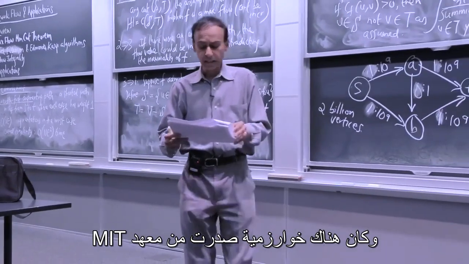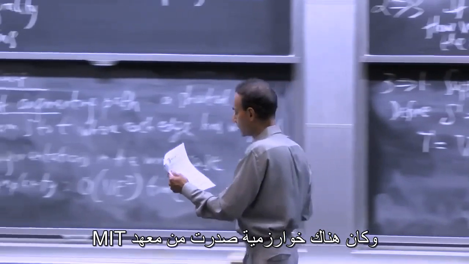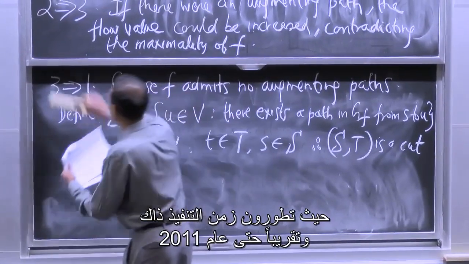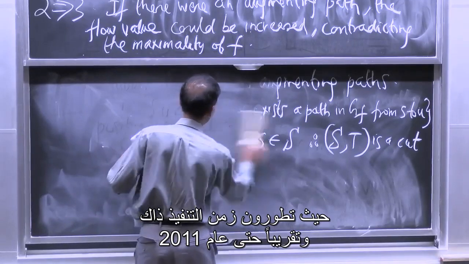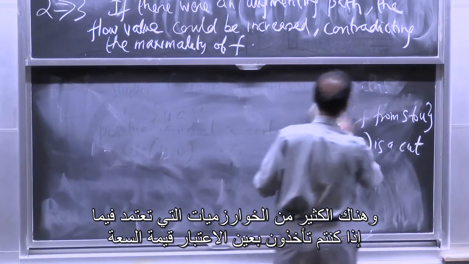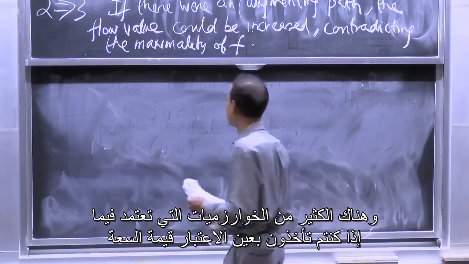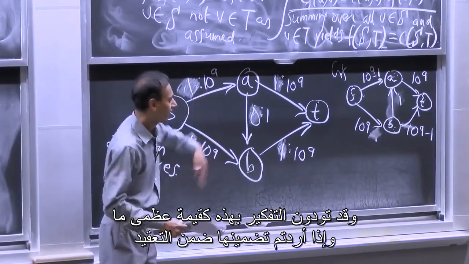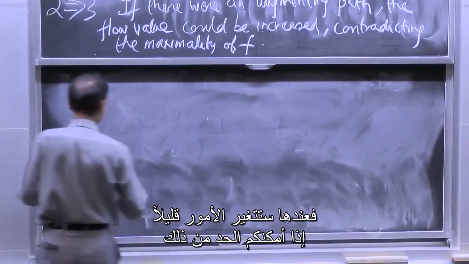And there was an algorithm that came out of MIT, partly, or at least MIT alums, where you improve that. And so till about 2011, there's a lot of different algorithms depending on whether you're taking into account the value of the capacity, and you want to think about this as some max value, and if you want to include that in the complexity, then things change a bit, if you can limit that.